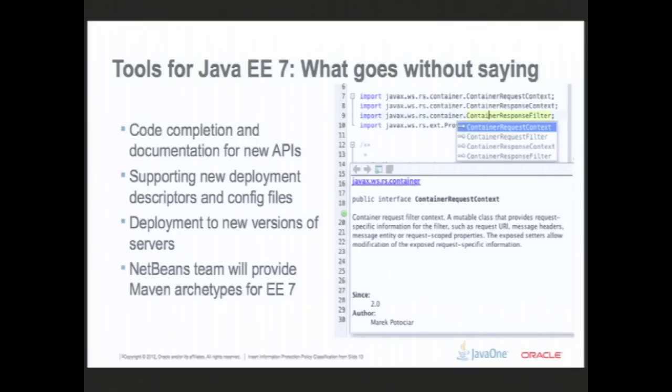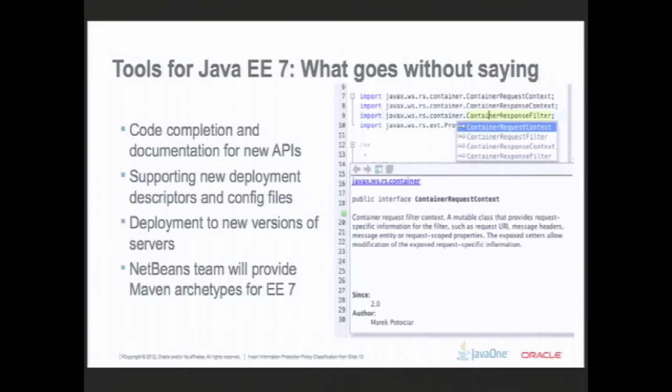And there is things like supporting the new formats of deployment descriptors, config files, and so on, deploying to new versions of servers. So you don't even talk about those. That's just taken for granted. One thing that may not be too obvious is that the NetBeans team actually provides and maintains the Maven archetypes for Java EE technology.